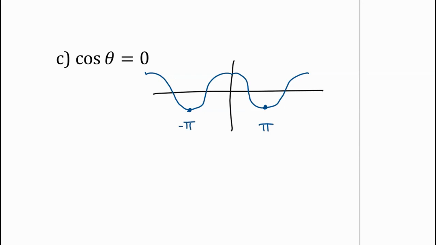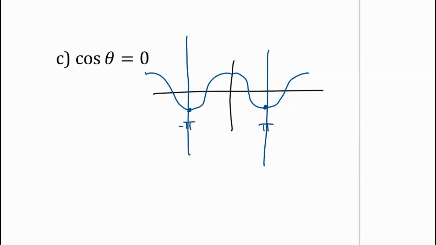Remember, we are used to only thinking about one cycle of these functions, but they go on forever. We only draw one cycle typically, but they do keep going. So we could just keep drawing cosine over and over and over again, right? So this is our domain.